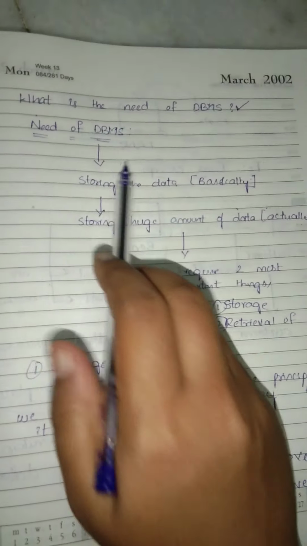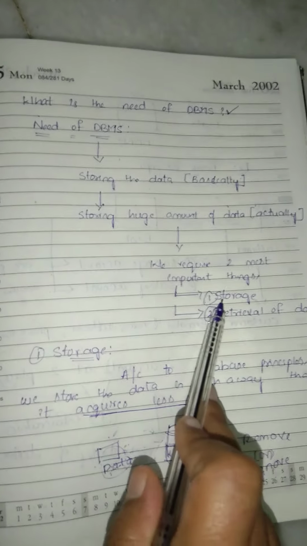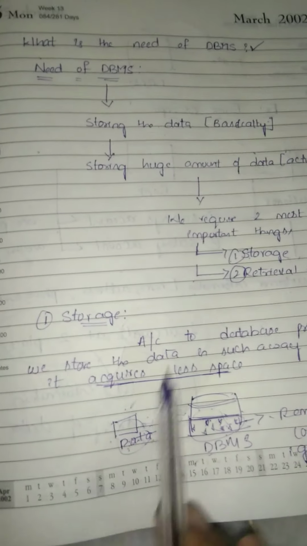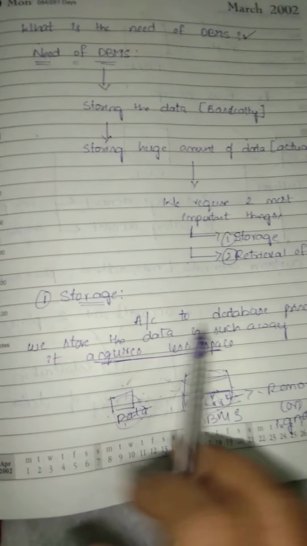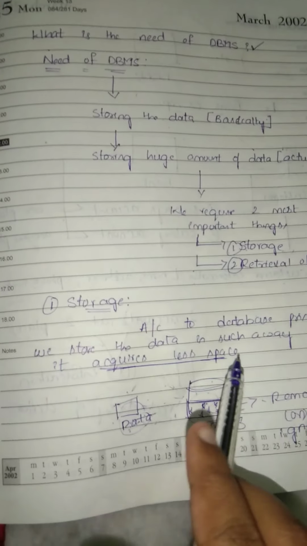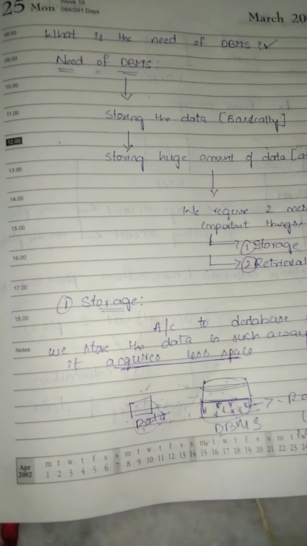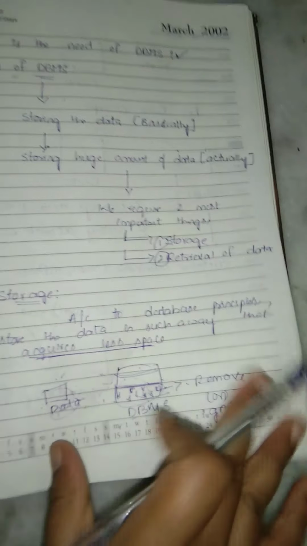Here we talk about the basic need of DBMS, the actual use of DBMS. To store the data, we require two things. We have discussed storage, how the data is going to be stored into the DBMS, what the process of storing the data into DBMS is. We discussed all these things in the storage topic, and now we are going to discuss the retrieval of data topic.